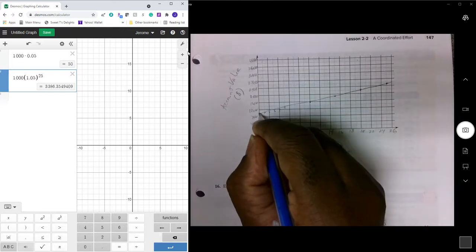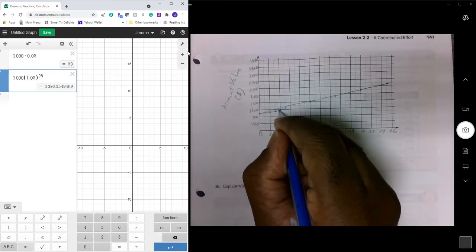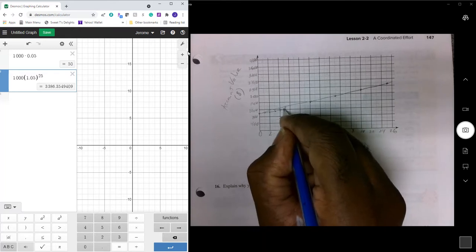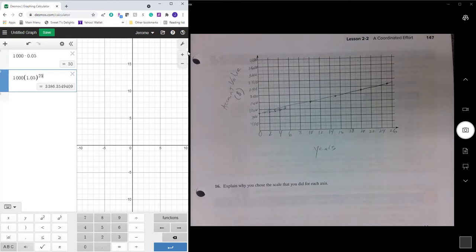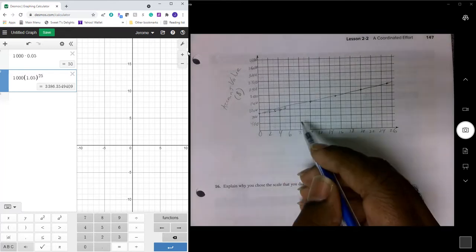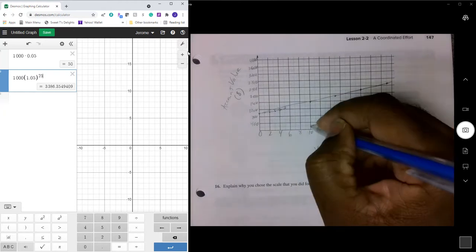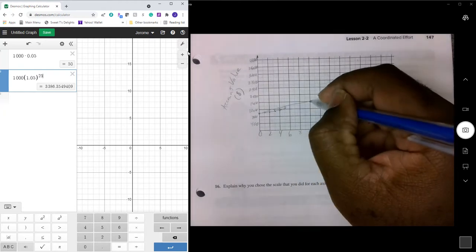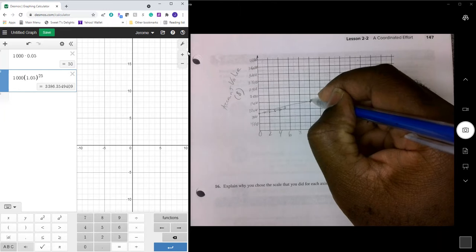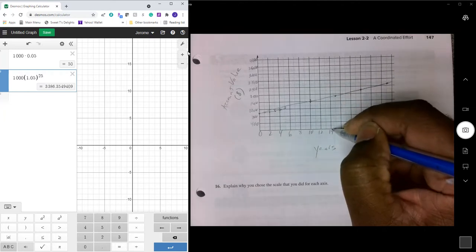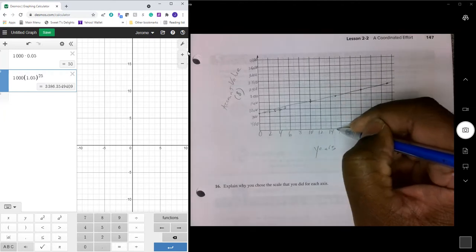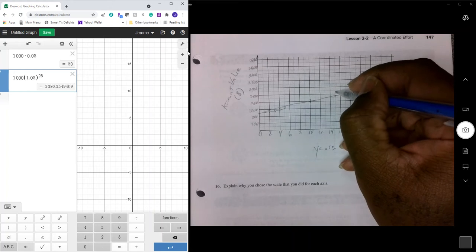Now, what I'm going to do here, I want to connect these points just a little bit here. So then now we jump to 10, which is 1,628. So that'll be a little bit above here. And then we will have 15, which would be 2,078, a little bit above 2,000.